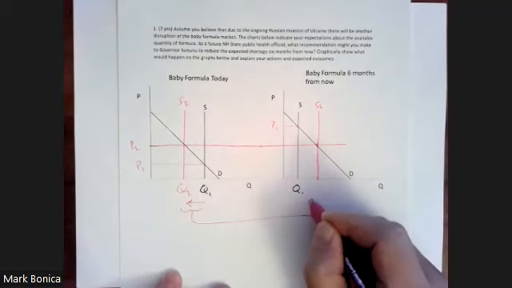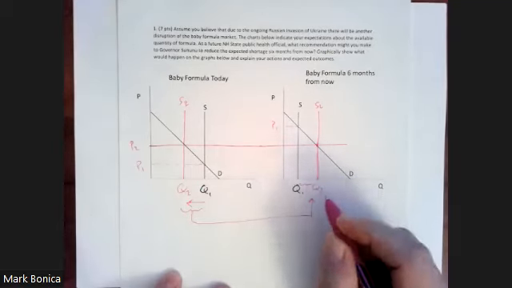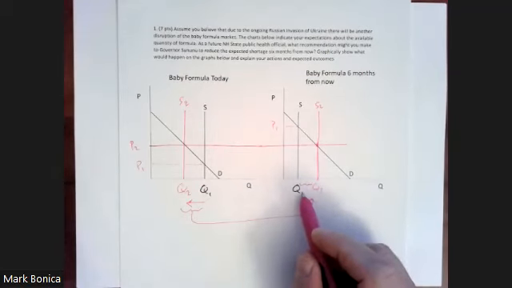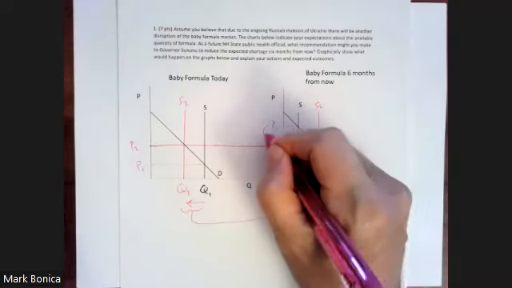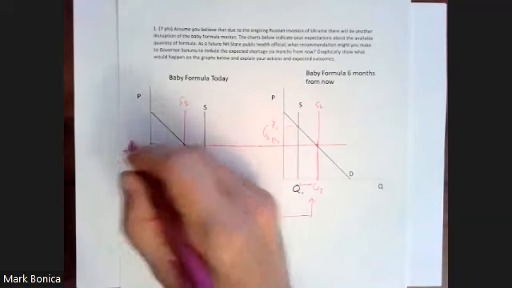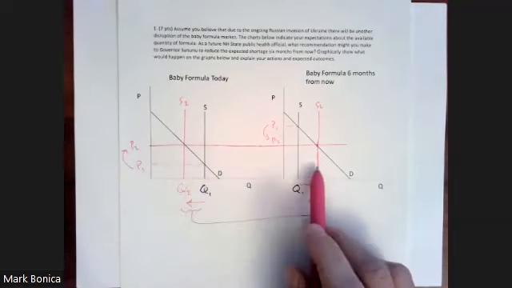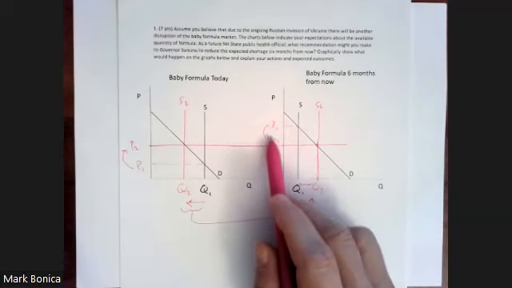And then we're going to take it into the future and add it here and then release it into the market 6 months from now, increasing the quantity, which will bring the price down to P2. So by buying up a bunch of formula today, we reduce the supply, which raises the price today. And then we release it in the future when there's a shortfall, and that brings the price down from P1 to P2.